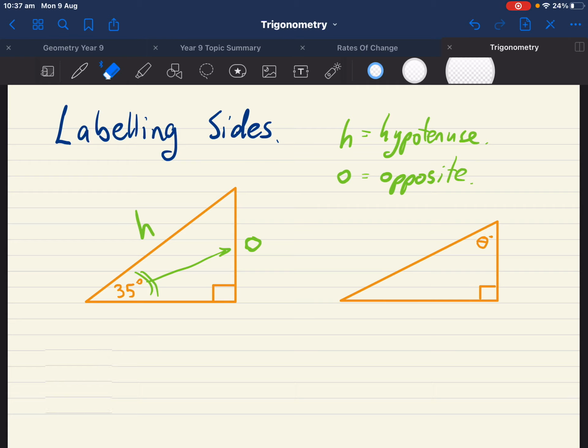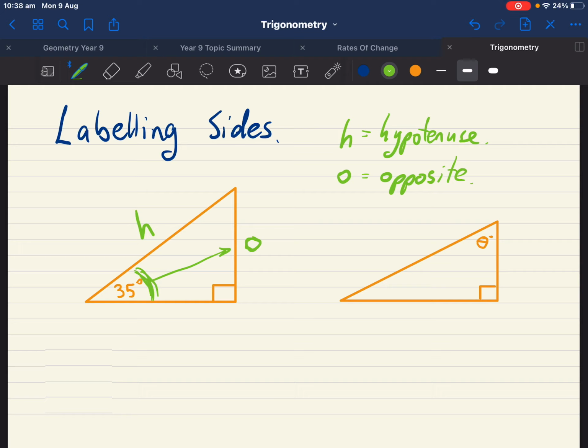And then the final side, what do we call it? Well, this final shorter side is next to the included angle. So the way we name the two shorter sides is based off where the included angle is. And by included, I don't mean the right angle. Every single one of the triangles will have a right angle. I mean the other angle, the one that in this case is 35 degrees.